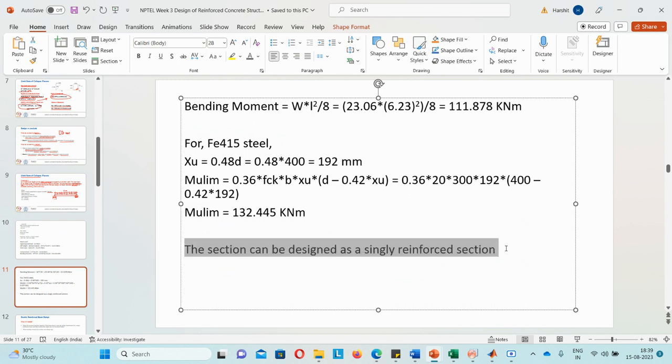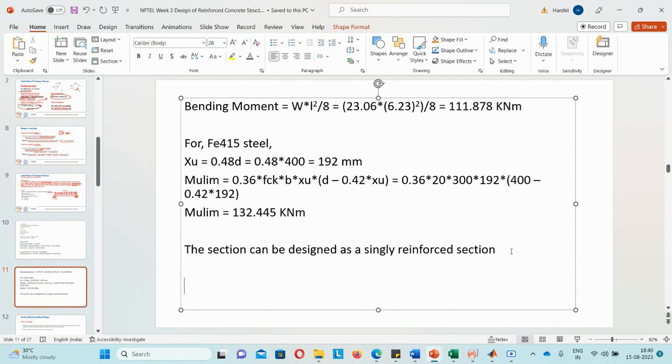You have seen the week 3 live sessions, so you know there are doubly reinforced section designs also. If my Mu limiting would have been less than the bending moment, then we may need to go for a doubly reinforced section design. But since right now the bending moment is lower than the Mu limiting, we can go for a singly reinforced section. This is generally a check that we always need to do before designing a beam.